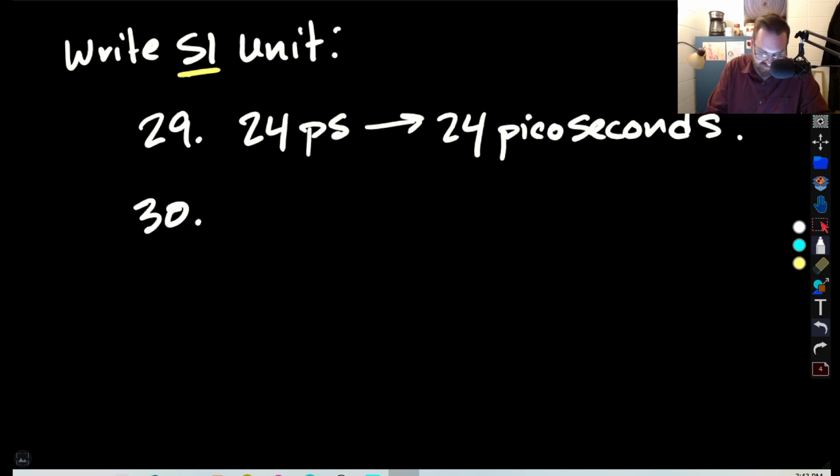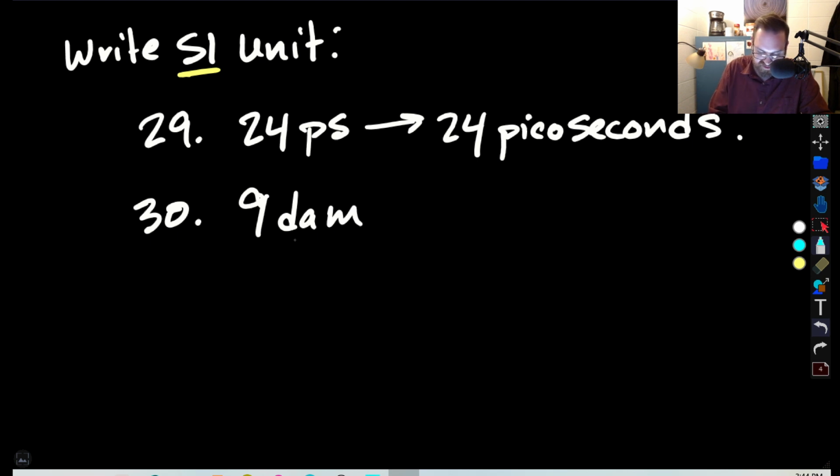Question 30. 9 da m. Okay, what we're doing in this case is looking at the prefix, which is the da.